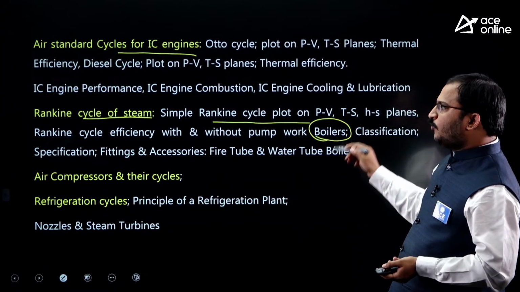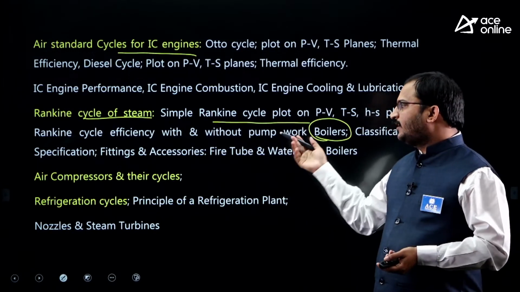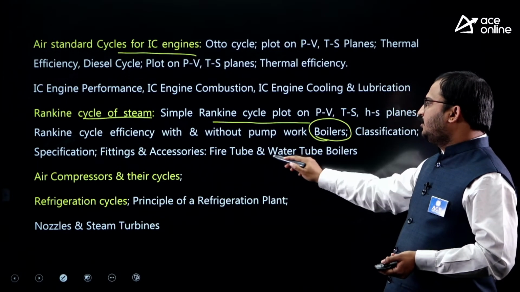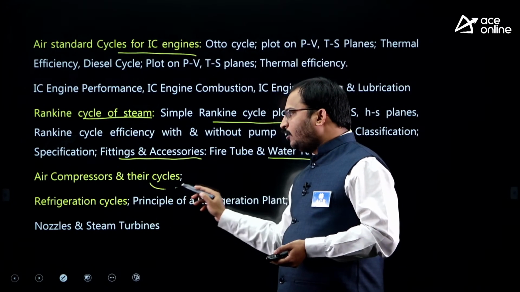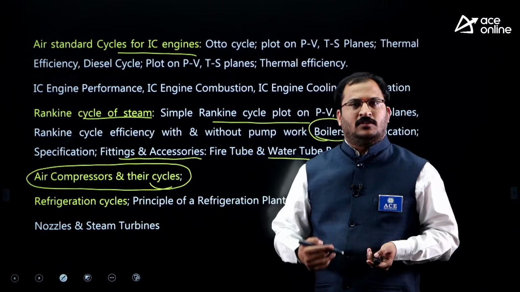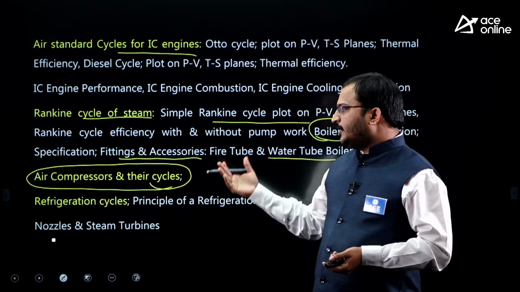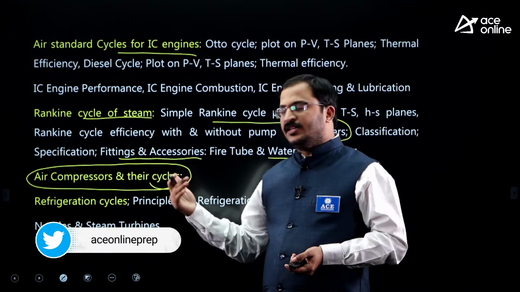So classification of boilers, this is the power plant engineering part where thermal power plants were discussed majorly. You have fire tube and water tube boilers, boiler accessories and all. Also you have air compressors and their cycles that we need to understand. So reciprocating air compressors, rotary air compressors we also need to study here.